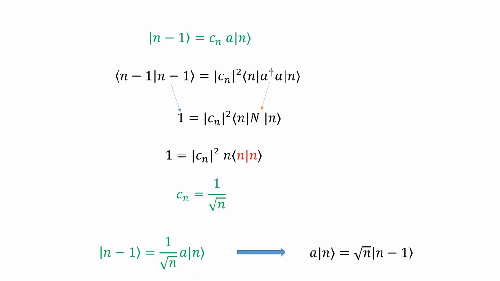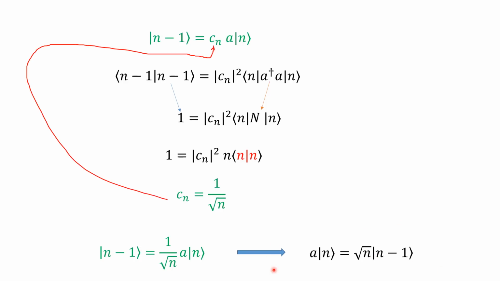Now you substitute the value of Cn here. Then Cn will become 1 over square root of n A into ket n. If you bring this square root of n to the right hand side, you will get A ket n is equal to square root of n ket n minus 1.